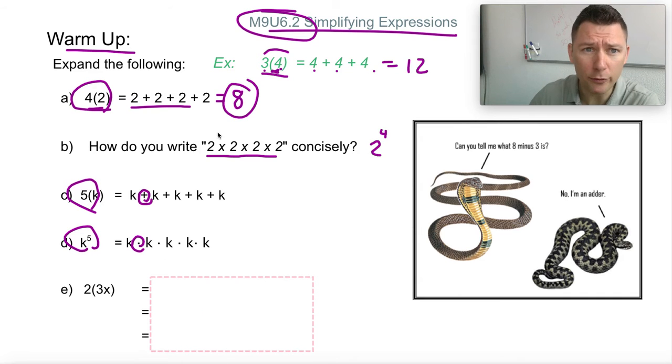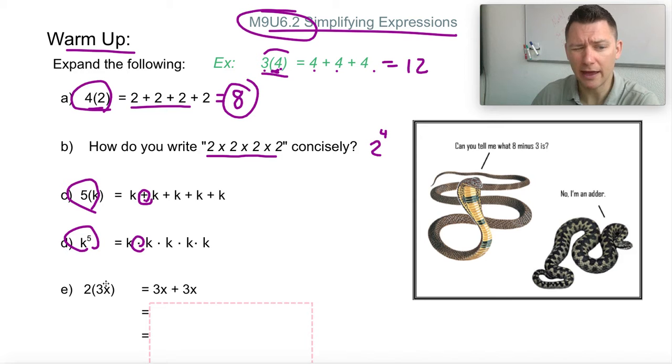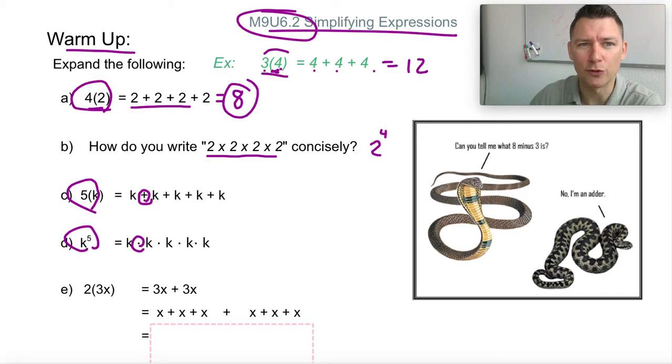So therefore, this piece is like saying I have 2 sets of 3x, which means I have 3x plus 3x added up twice, right? And then if you break this apart, with your math goggles on, put the x's in parentheses: this is like x plus x plus x, 3 of them.